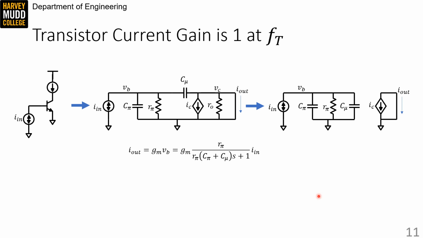And then I substitute in for VB by multiplying the input current by the input impedance. So we have the input current here times the input impedance, which is RPi in parallel with the CPi and CMU combination, the parallel combination of those two caps.